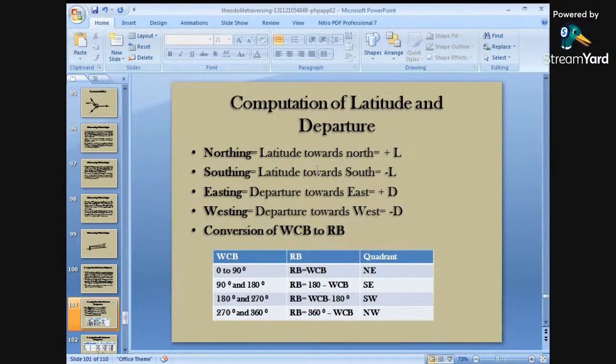And if it is southing, the latitude is towards south and it is taken as negative. Then in case of departure, easting is positive and westing is negative. So this is basically a conversion of whole circle bearing to reduced bearing. This I've already taught you in compass survey.